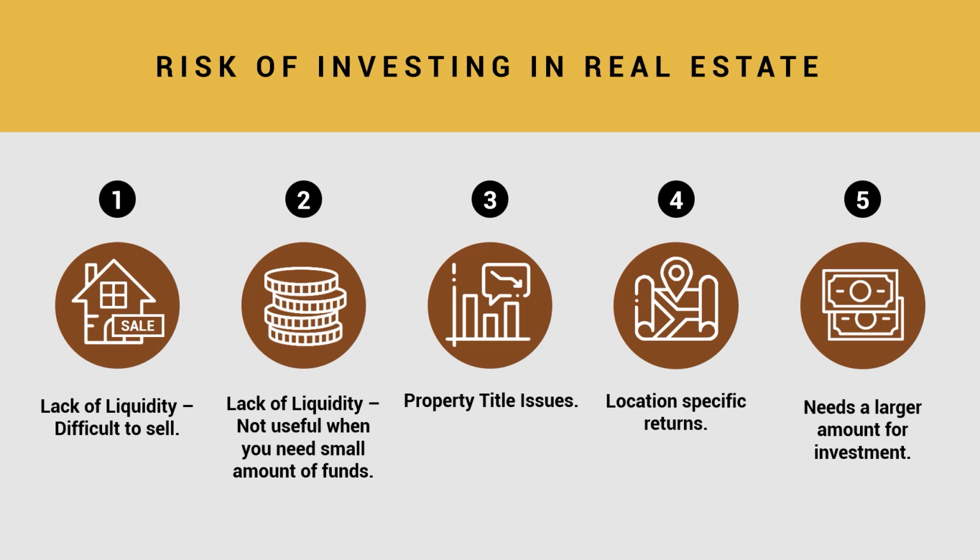You will have to first accumulate a lump sum and then invest the entire lump sum into that property, and that kind of increases your risk because a major chunk of your money is getting invested or locked in a single property. This particular disadvantage has been taken away after we have an option today to invest in REITs, that is real estate investment trust. We will talk about this in our subsequent section, that is in module 2 of this course.